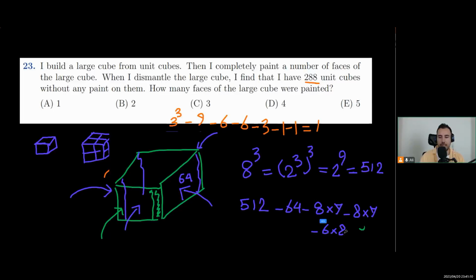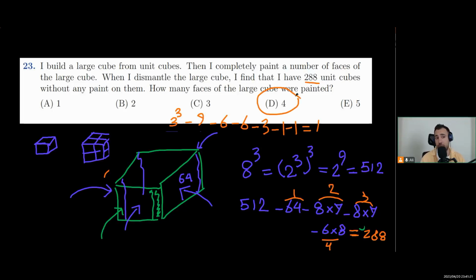And if you do the calculations, it will be 288. So what does the question want? How many faces have been colored? The first one, the second one, the third one, and the fourth one. So 4 faces have been colored.